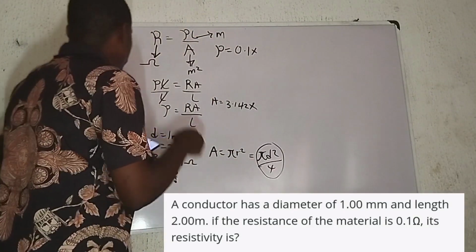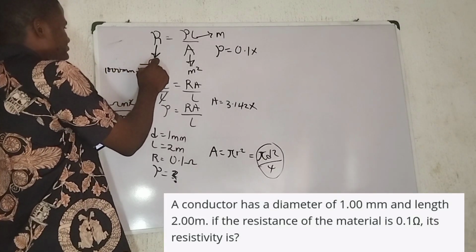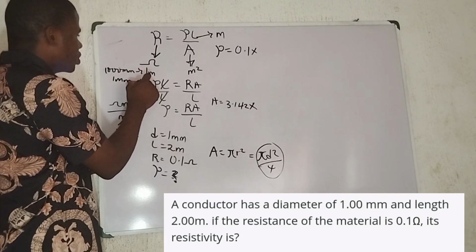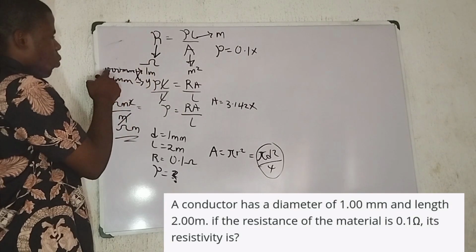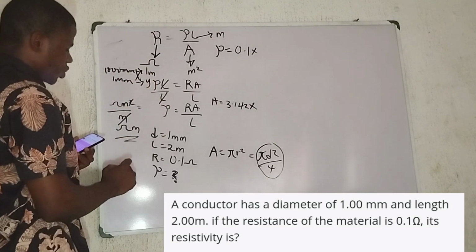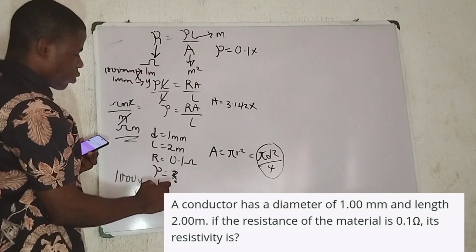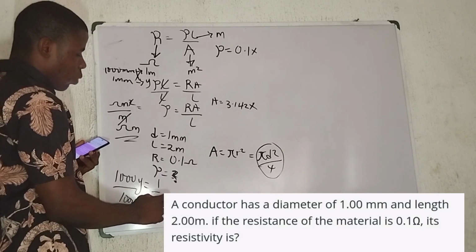So since 1,000 millimeters makes 1 meter, we ask ourselves, 1 millimeter will be how many meters? Cross multiply. 1,000 times y equals 1 times 1, which is 1. Now, divide both sides by 1,000.